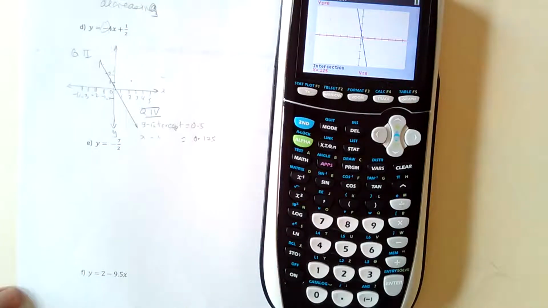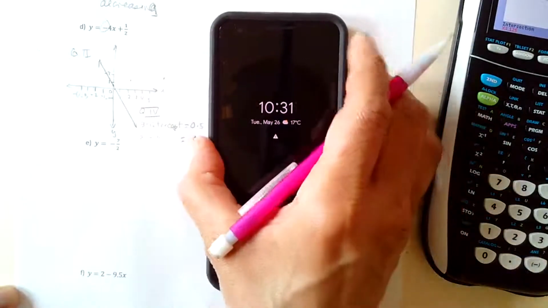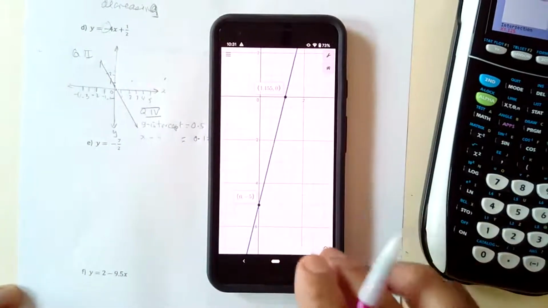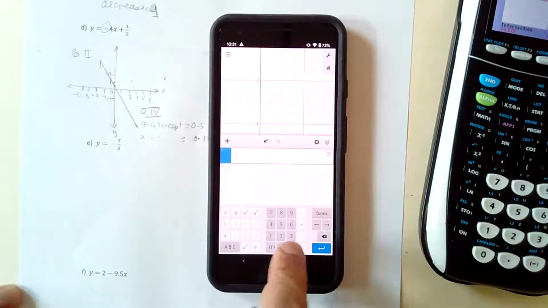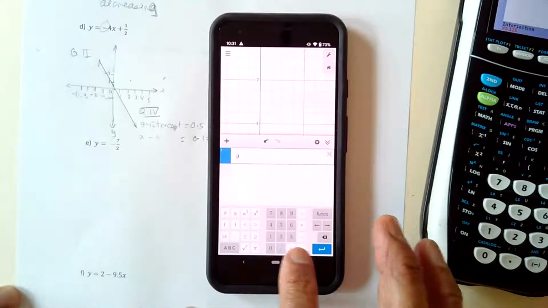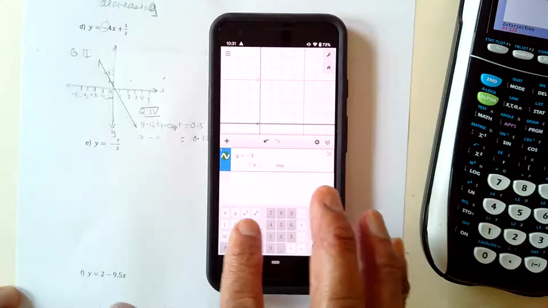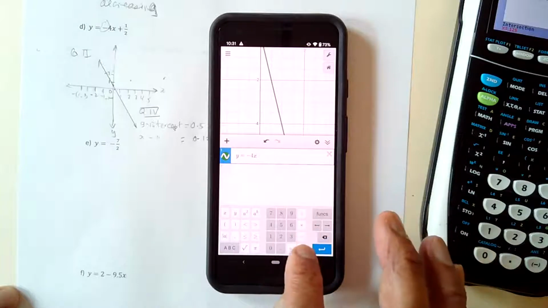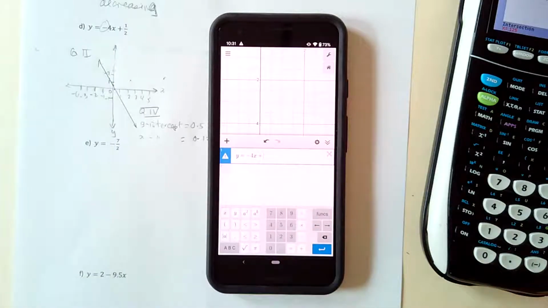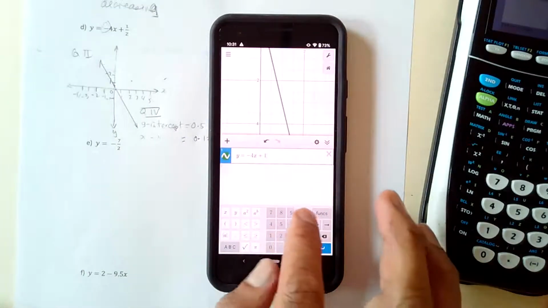Now, with Desmos, it's more straightforward. Okay, I'm going to go back here, get rid of that equation. I can enter y equals negative 4x plus. Now the good thing about Desmos is it automatically enters the fraction for you once you put 1 divided by.